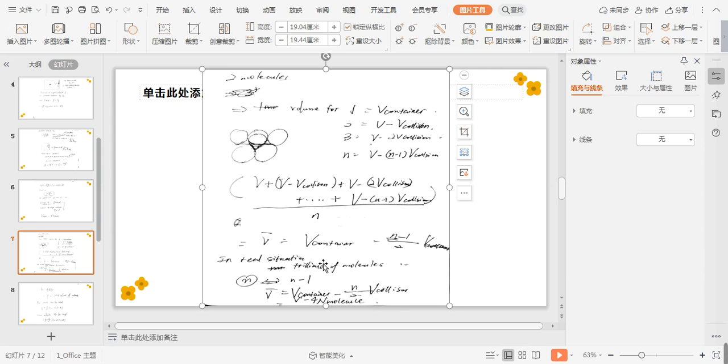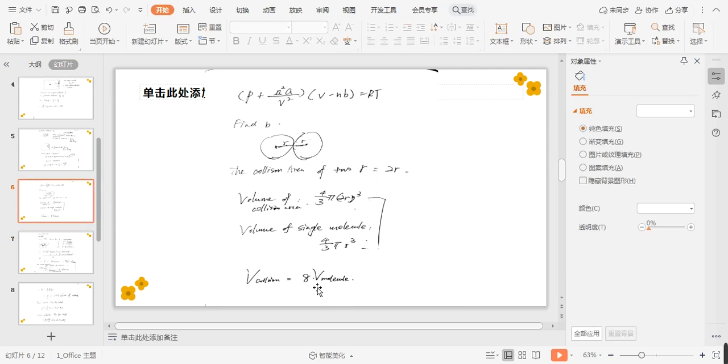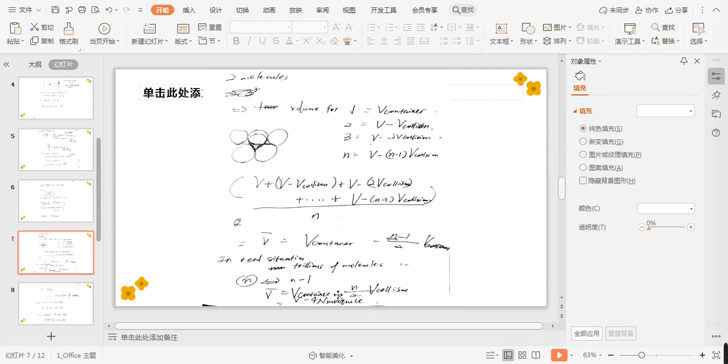And since we know that V collision is equal to 8 V molecule, we can write it as V minus 4 n V molecule.